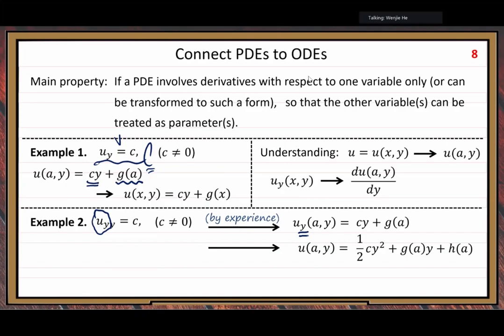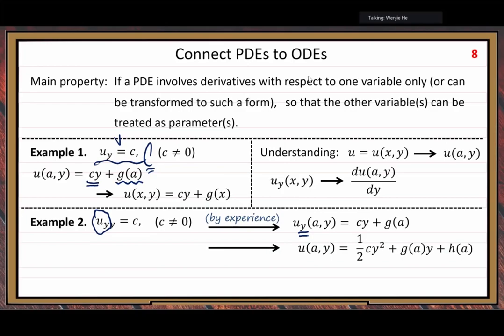We need to add a constant, another constant. But this constant can be another arbitrary function h of x. These two functions are not related. G and h are independent functions, so we use two different symbols.